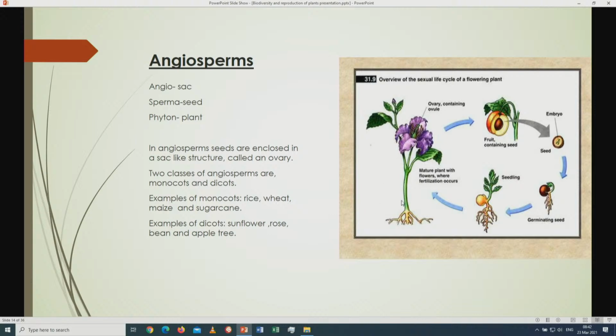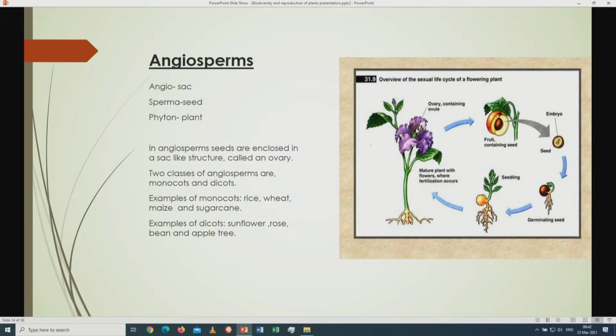Here I have an example of a flowering plant showing a flower, whereby inside here we have the male part and the female part. The male part of a flower, which is called a stamen, has an anther that produces pollen.